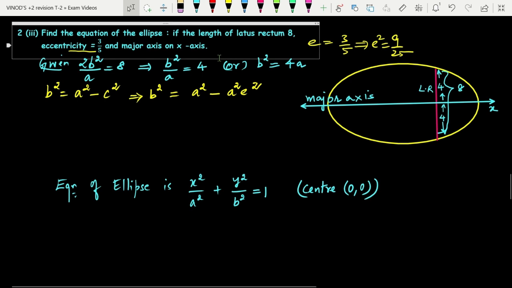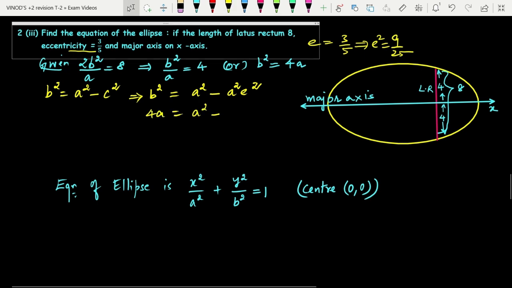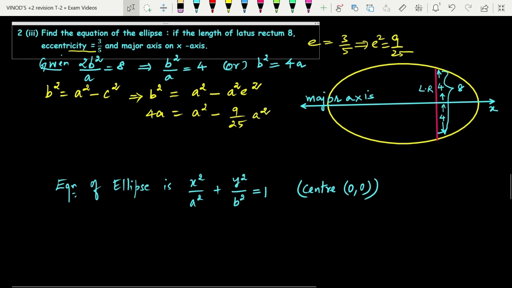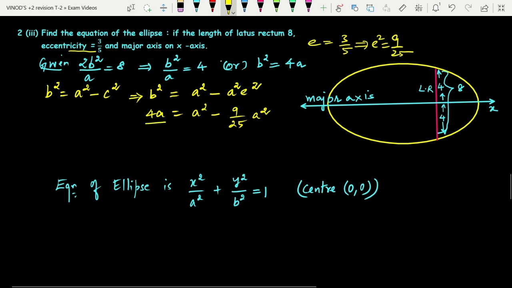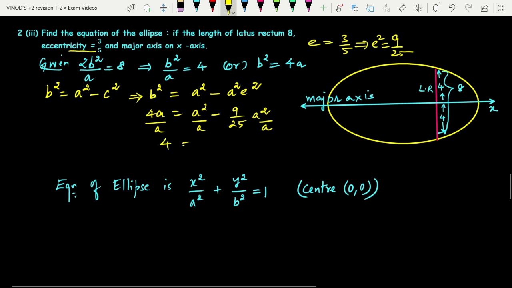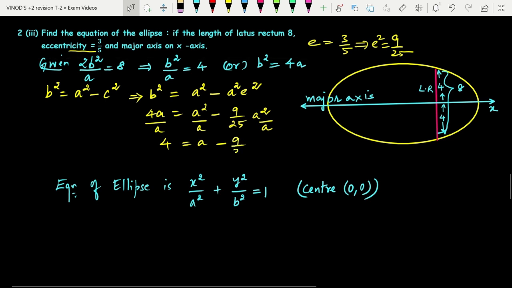b square is what? 4a. So 4a is equal to a square minus 9 by 25 a square. Now take a square common and divide. If you divide by a on both sides, what you will get is 4 is equal to a minus 9 by 25 a.